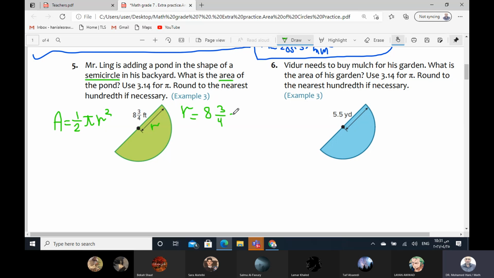This is a mixed number. Prepare the fraction, change it to a fraction. 8 times 4 is 32. Now 32 plus 3 will be 35 over 4. Now divide 35 by 4 to change it to the decimal.